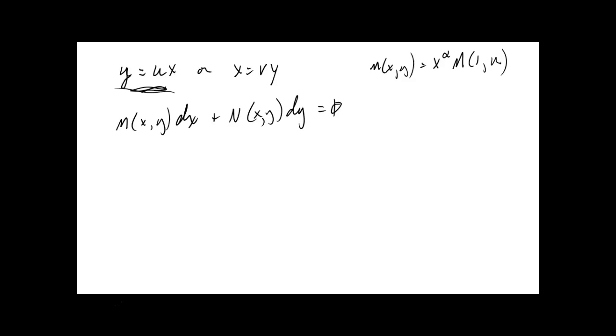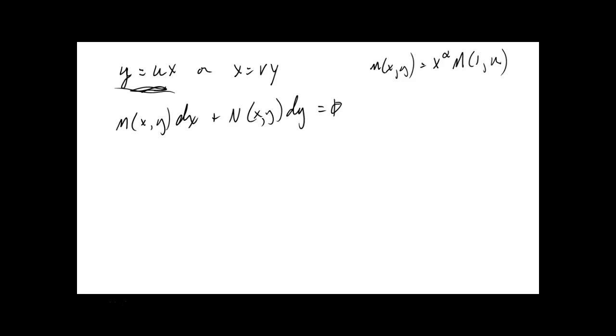So what we've done here is come up with y equal to u times x. Now, remember his y was y squared, if I'm remembering right? So when you make it u times x, the x is going to be squared, to get it to the same degree.